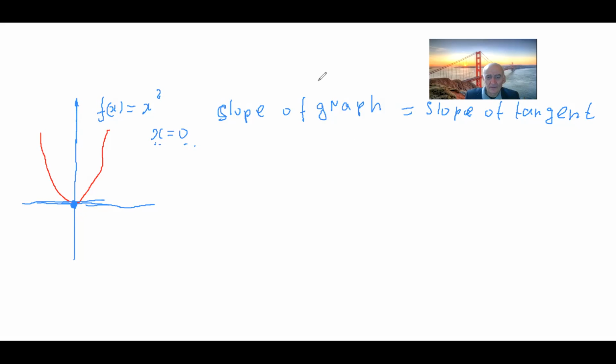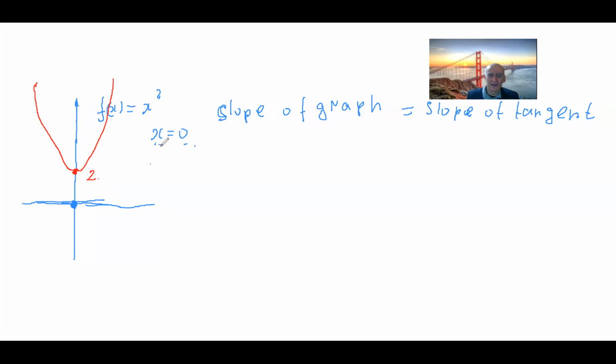Okay, now, for example, I have this parabola, and here is the point 2. My question is, what is the tangent line of this parabola at the point x equals 2?